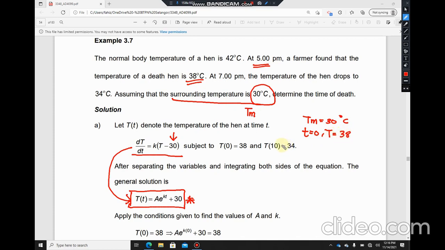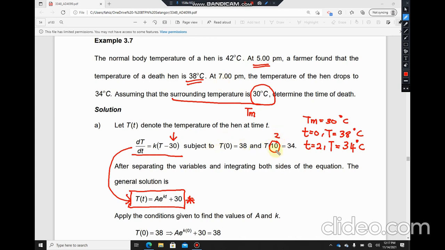And then at 7 p.m., the temperature of the hen drops to 34 degrees Celsius. So kat sini T equals 2, the temperature equals 34 degrees. Dekat sini, 5 and then 7, maknanya kat sini T2 kan.